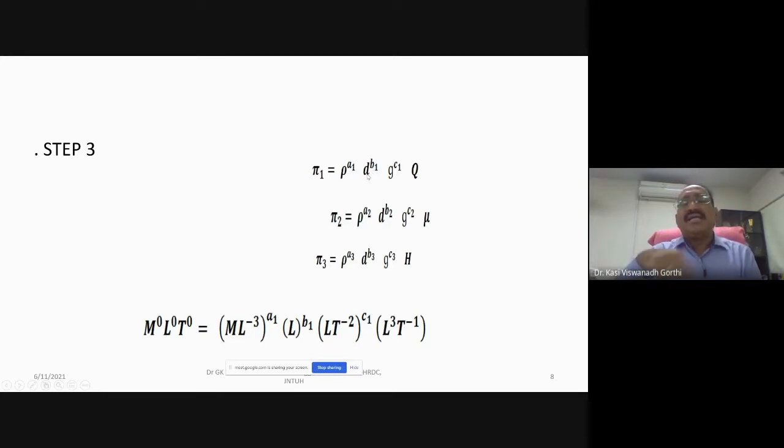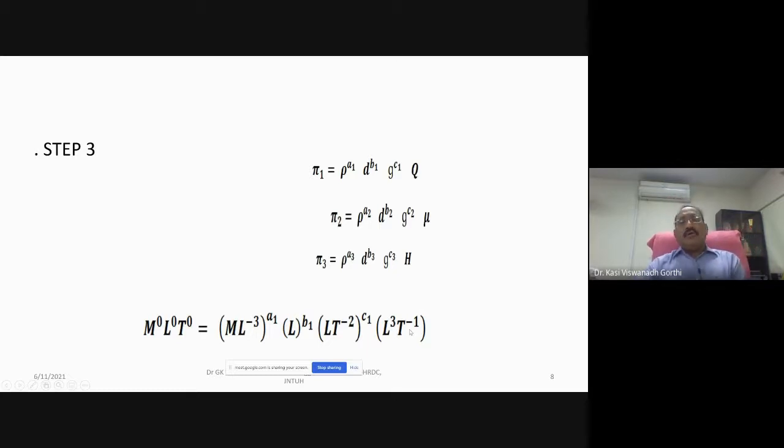It is the diameter, the size of the orifice, a linear parameter, so the dimensional formula is L, L to the power B1. Then acceleration due to gravity, L T to the power minus 2, to the power C1, into discharge Q. There is no exponent for this. So what is this discharge Q? Discharge is volume rate, volume by time, L cube T to the power minus 1.